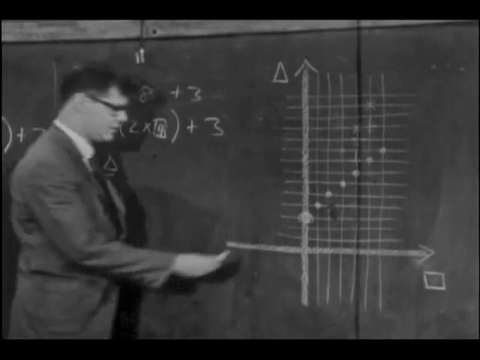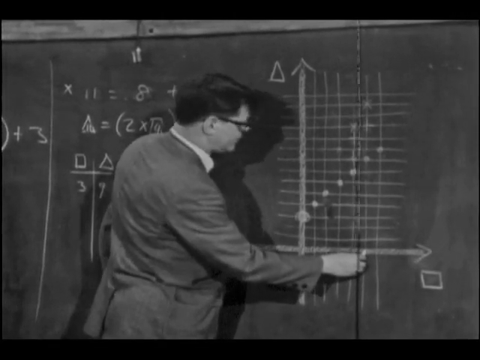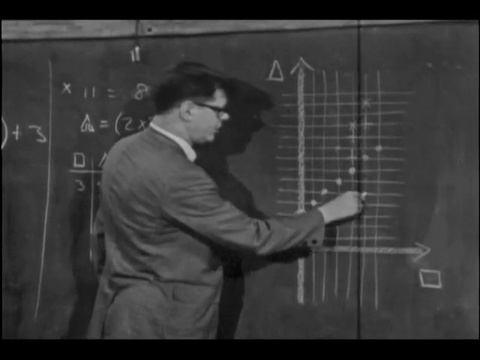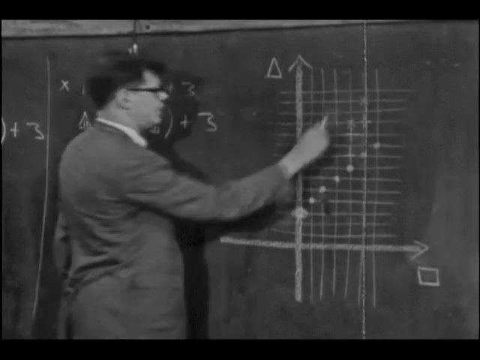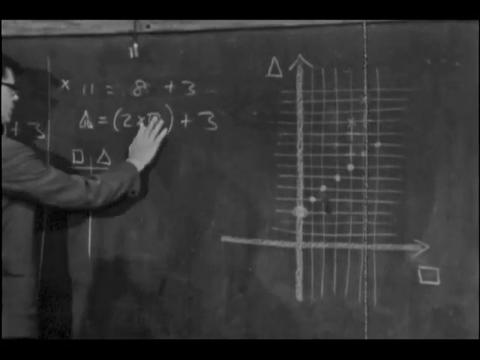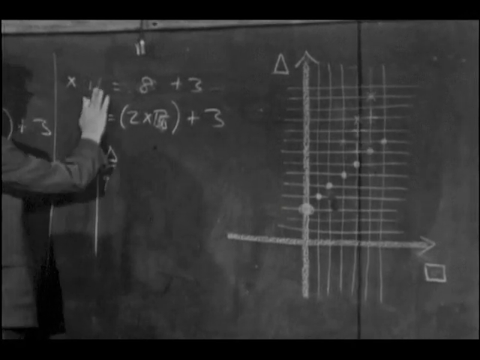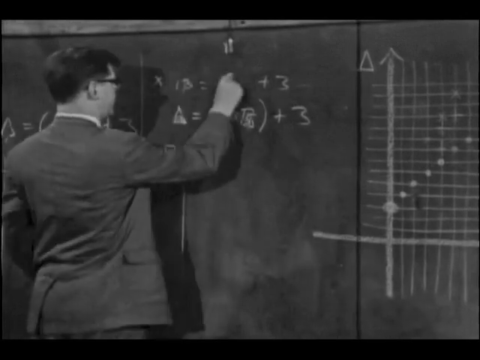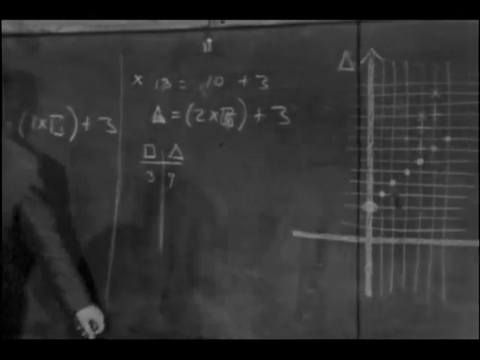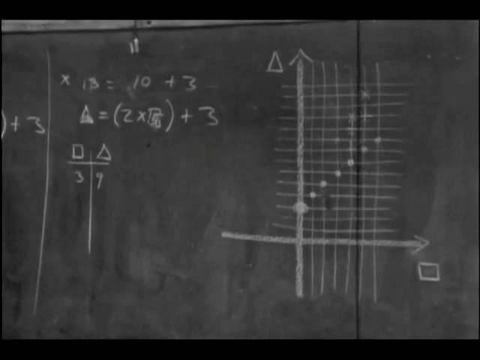I'll count it and see. 1, 2, 3, 4, 5. 1, 2, 3, 4, 5, 6, 7, 8, 9, 10, 11, 12, 13. Was that 5 and 13? There's 5 there, 13 there. 13 equals 2 times 5, which is otherwise known as 10, plus 3. True or false? True.